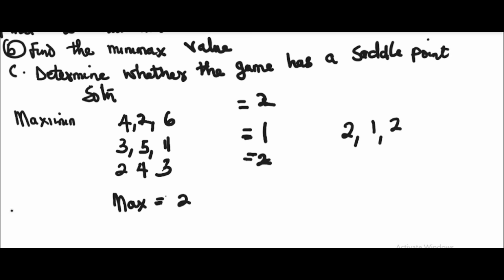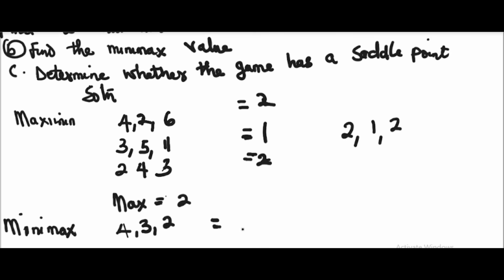Coming to minimax, we go column wise. In the first column, that is our B1, we have 4, 3, 2. The maximum we have is 4.